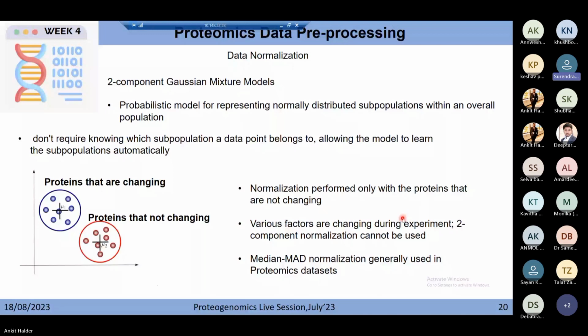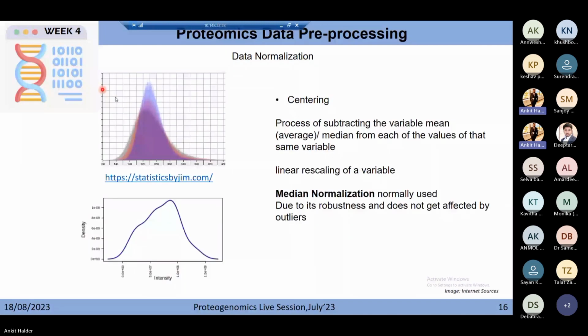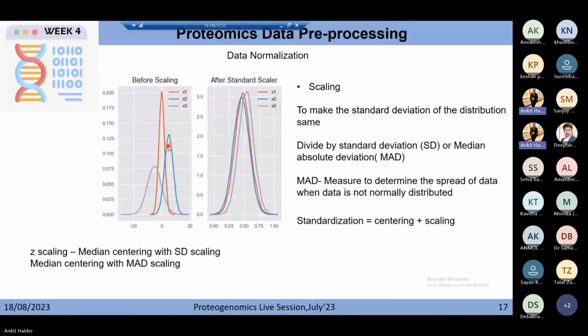Why they are used? Median MAD is generally used because it doesn't affect our signal too much. Rather, it just does a centering with the data that are in the middle part and not changing, and then it does a MAD scaling. It brings your data within the range of the scale of the standard deviation, so that we can map between the means.